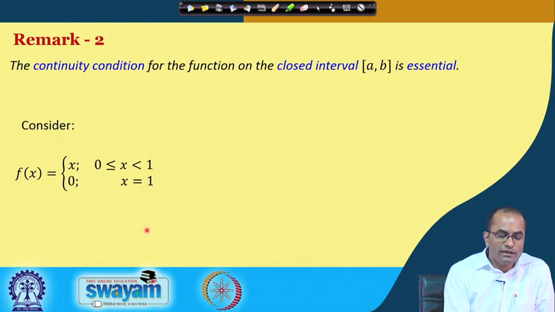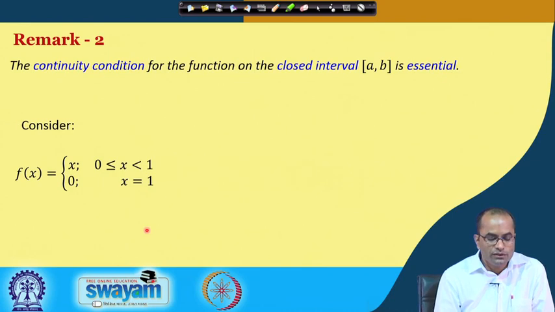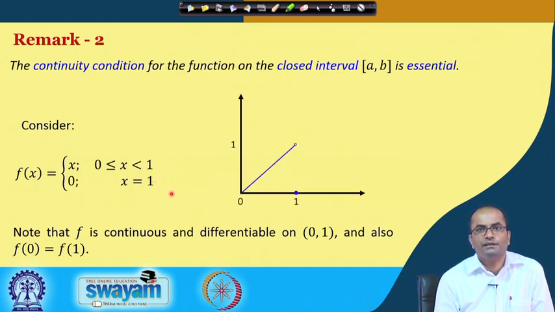So, for example, look at this function: f x is equal to x, and 0 at x is equal to 1. What do we see here? The function is continuous and differentiable on 0 1 and also f 0 is equal to f 1. So, the differentiability condition is met, but the function is not continuous at 1. There is a jump here: at x is equal to 1 the function takes the value 0, and otherwise it takes the value x.